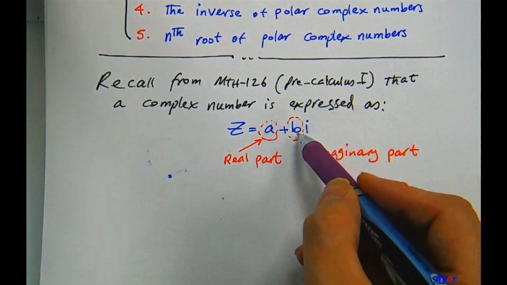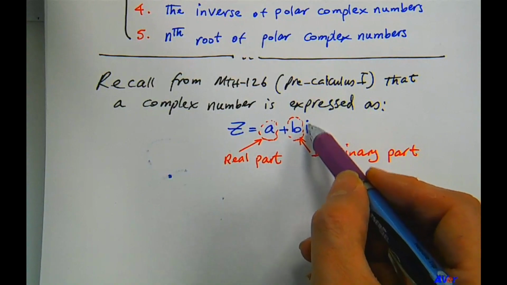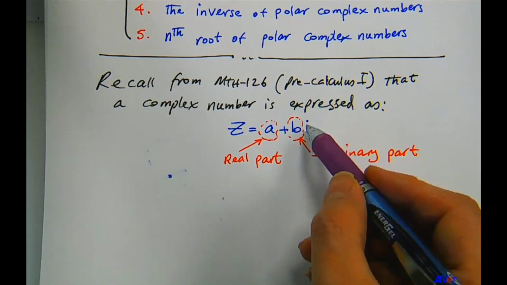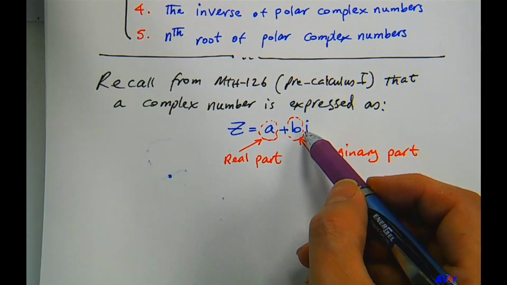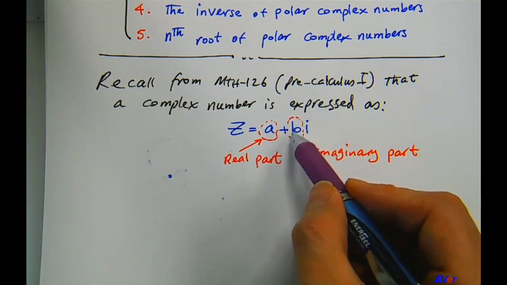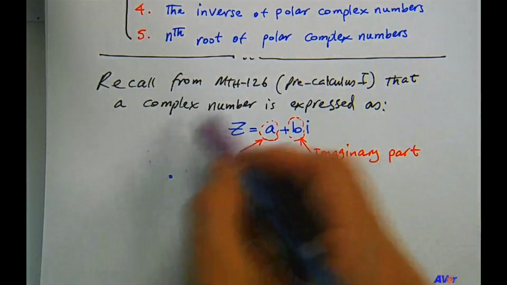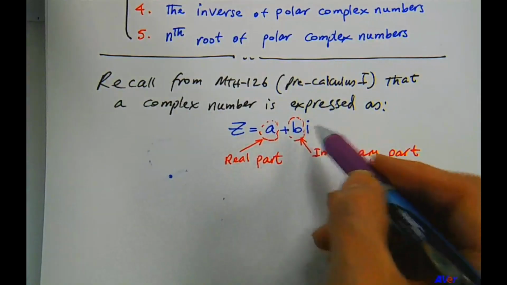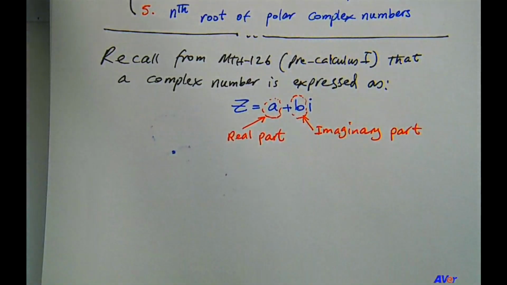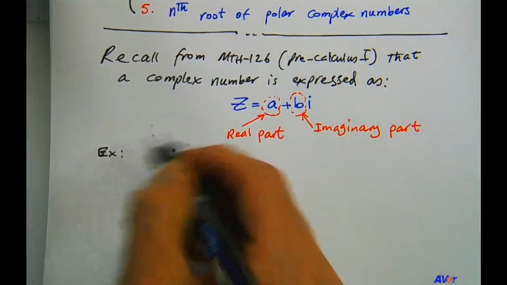No, b, this number, whatever it is associated with this i, which is the imaginary indicator of this complex number. So this b, by being associated with i, is the imaginary piece of this complex number, but not bi, just b.